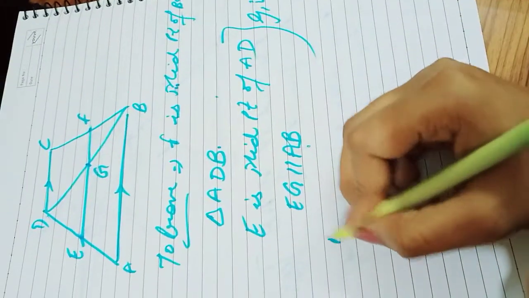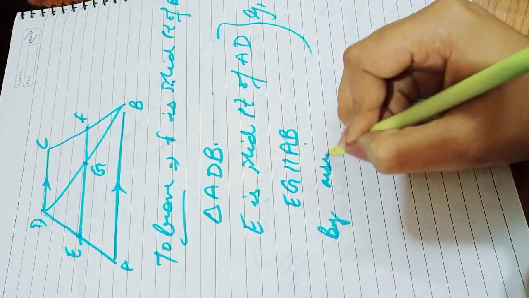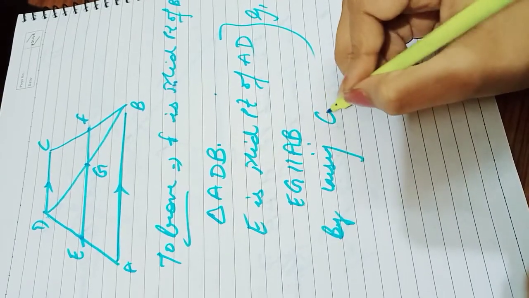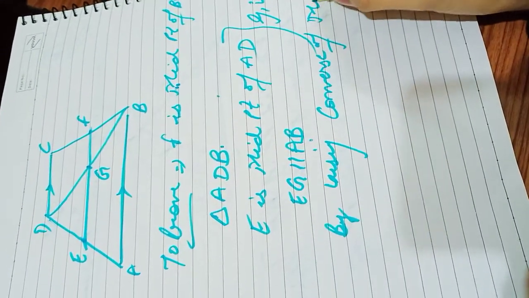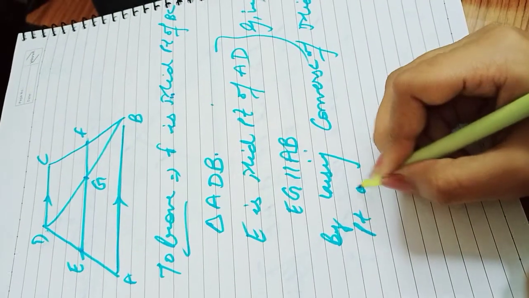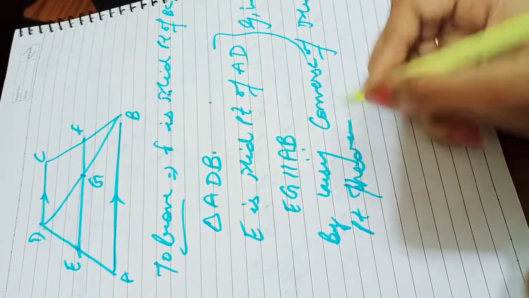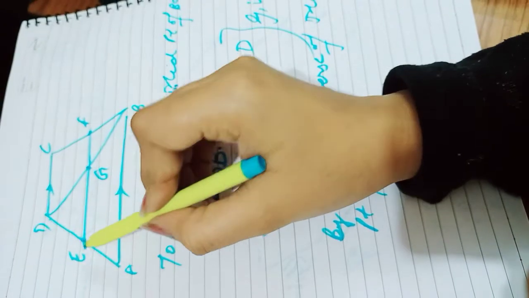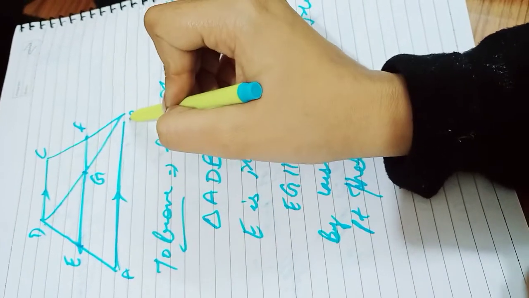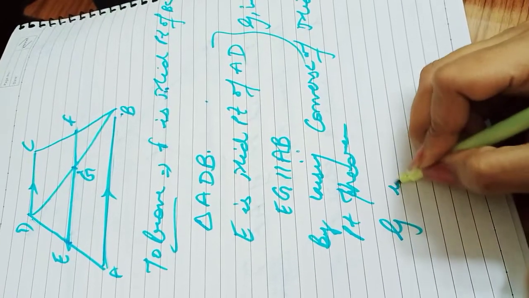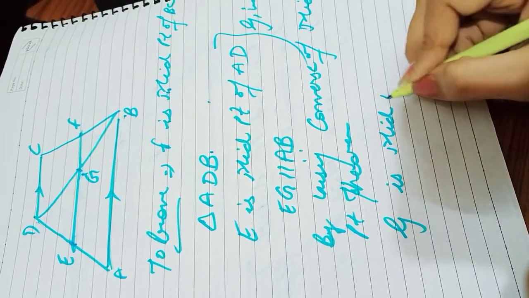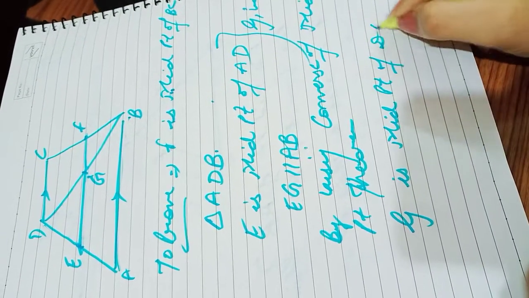So, by using the converse of the midpoint theorem, you know the converse, no? You can say that if E is the midpoint and the line from this is parallel also, then G would also be a midpoint of DB.